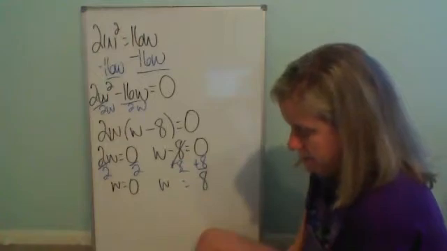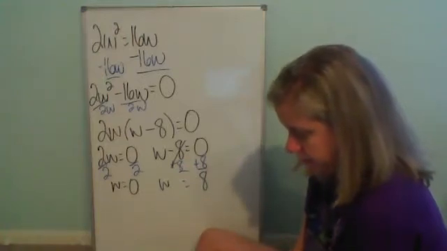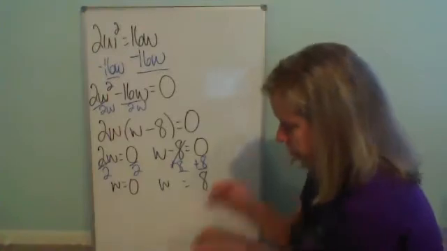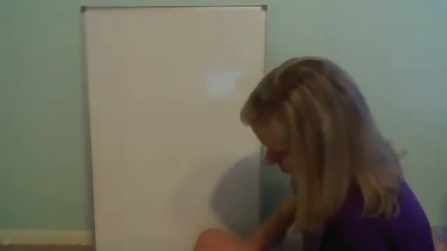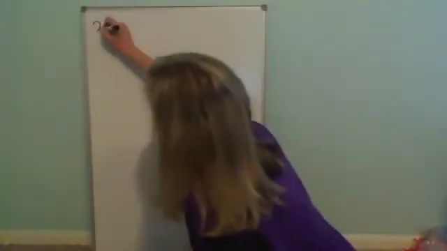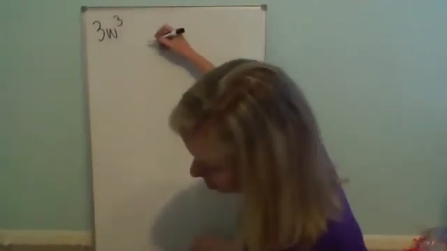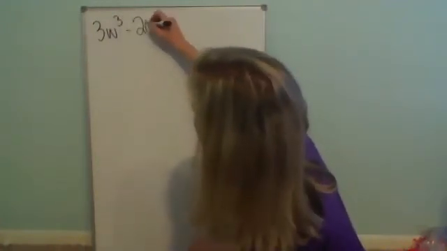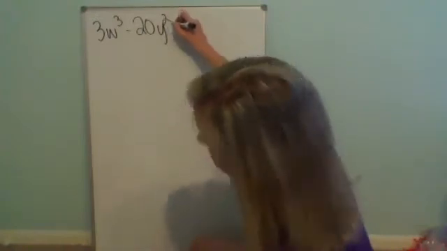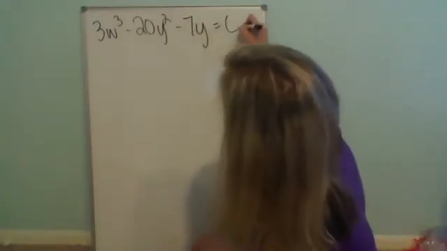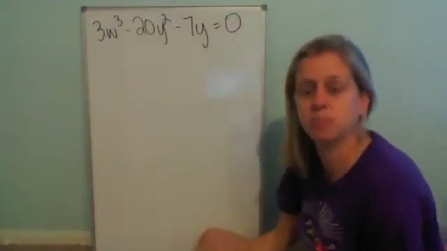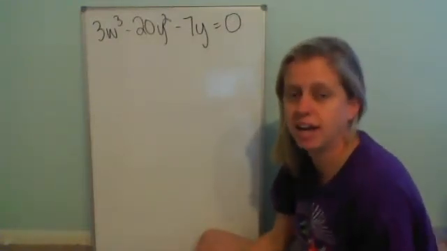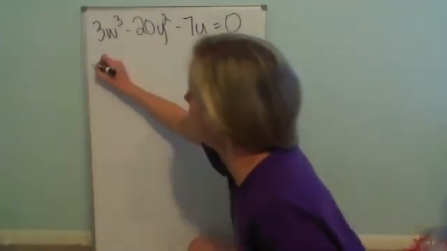All right, let's look at number 9. Three y to the third minus 20y squared minus 7y equals 0. So the first thing that I notice about this problem is that all those terms have a y. They don't have anything else in common, but they do all have a y.